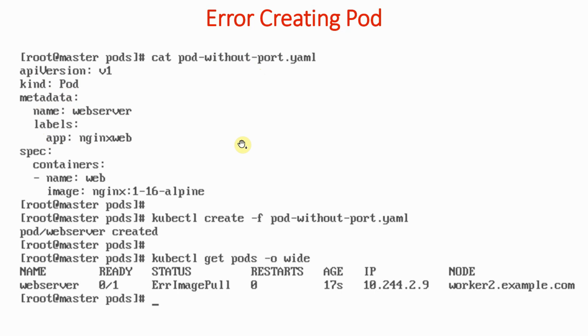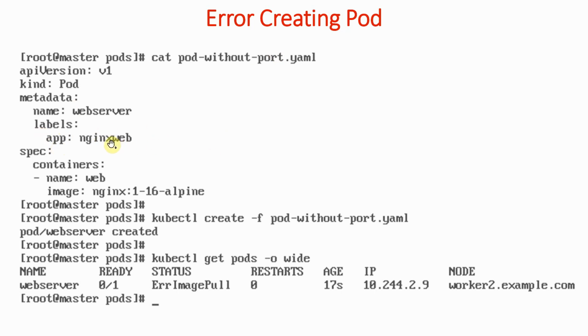When we implement physical servers, what we generally do is put some sticker on the physical server saying this is a web server, this is an FTP server, this is a mail server. Same way, when we are creating pods, we need to specify how we are going to recognize them. So in our case, we are attaching the label app equal to nginx web.